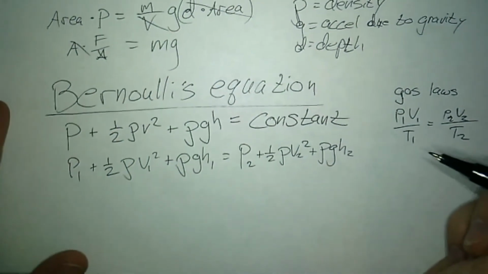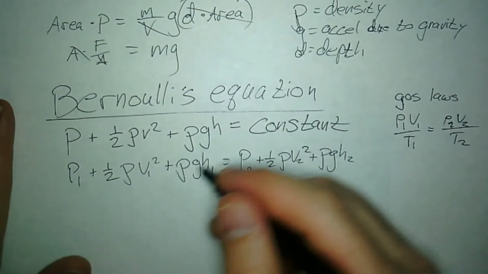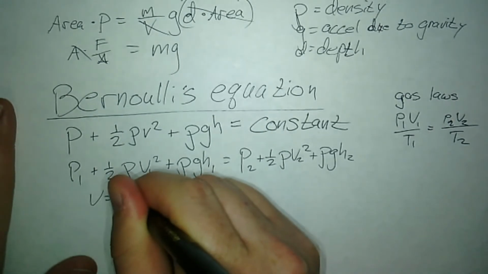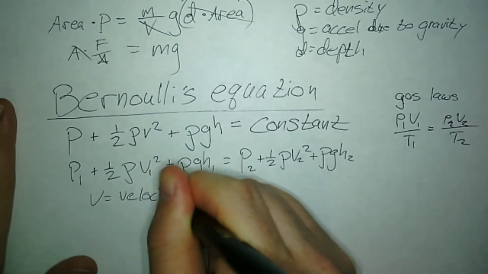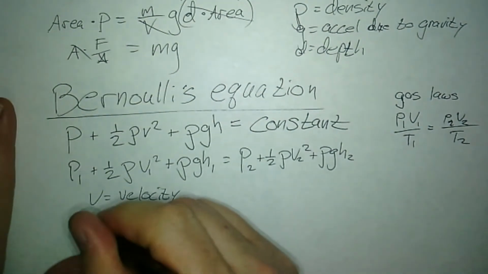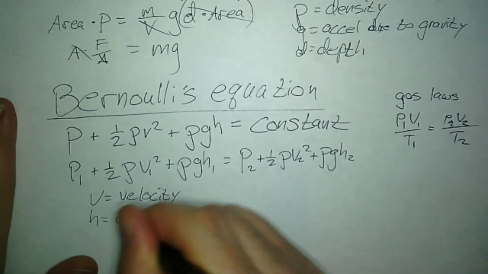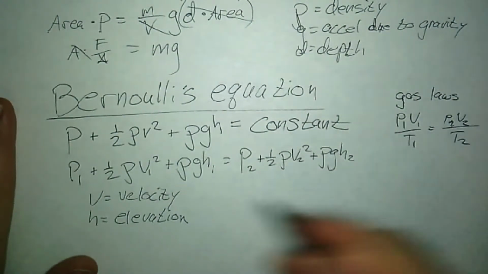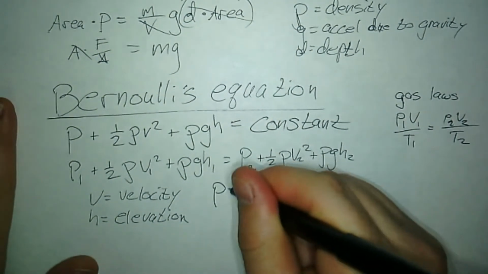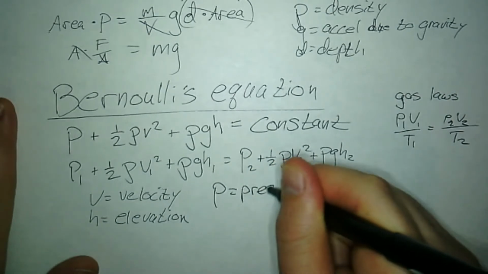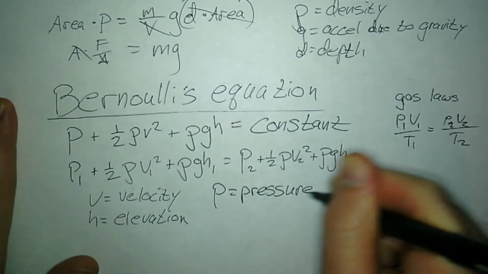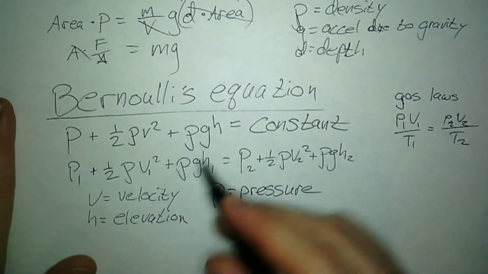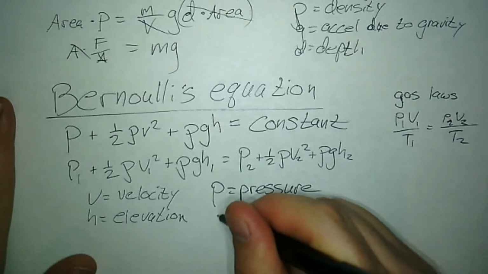In the format we're writing this here, we need this h to be elevation, but everything else is the same. V is velocity, not volume here. H is elevation, and P is pressure.